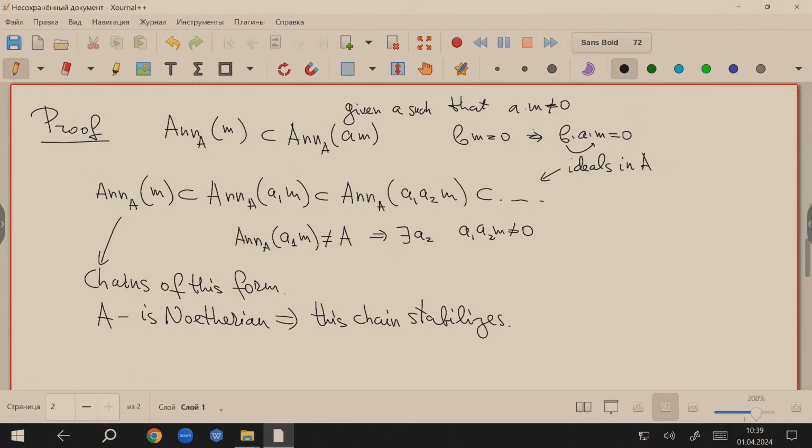This is just the Noetherian property, that any chain in the ring A stabilizes.